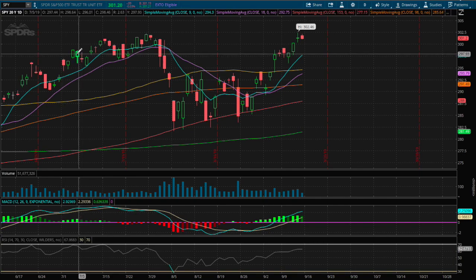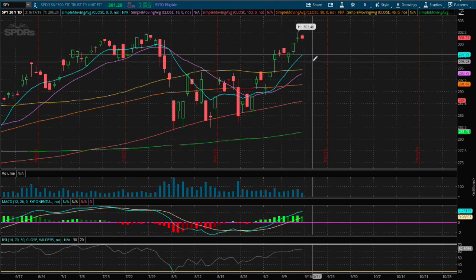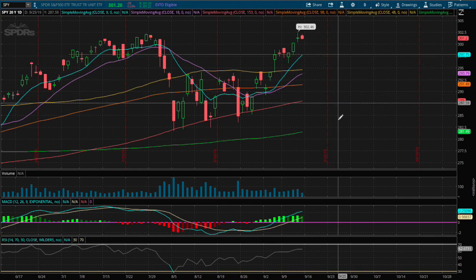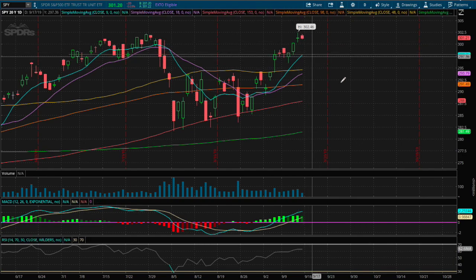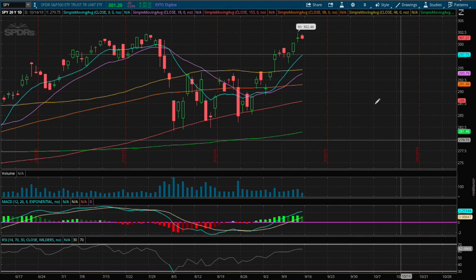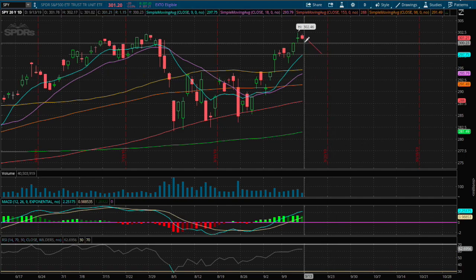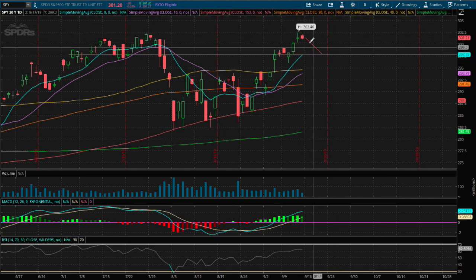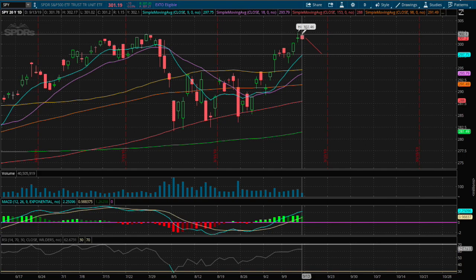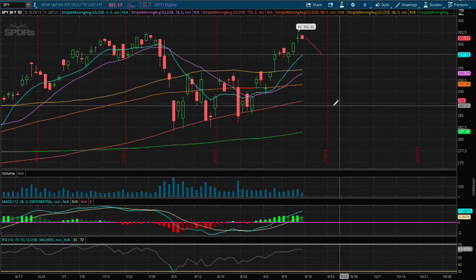There's a price concentration around 297.85, and if we do fall lower, that price movement is roughly 1.12%.